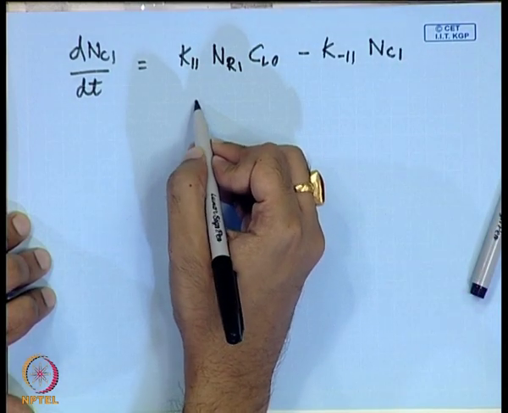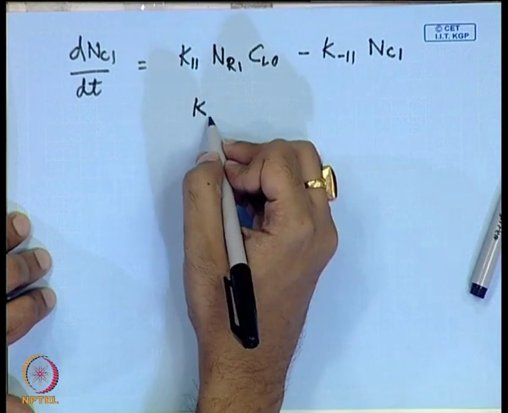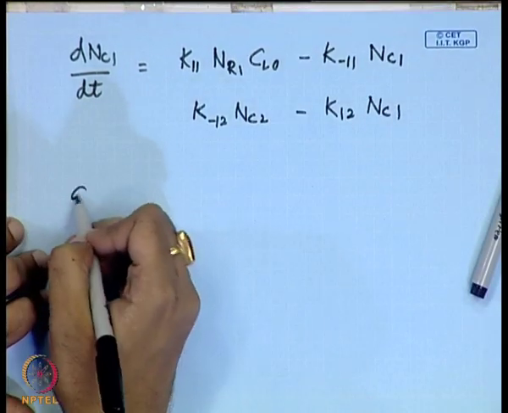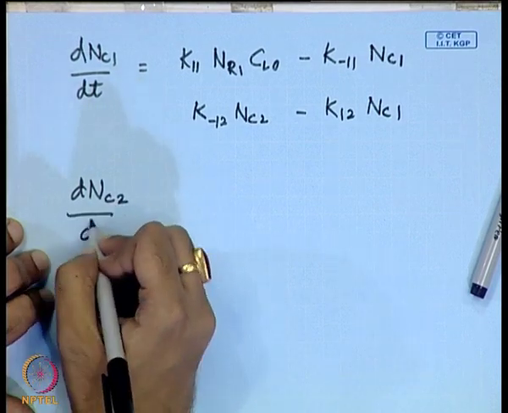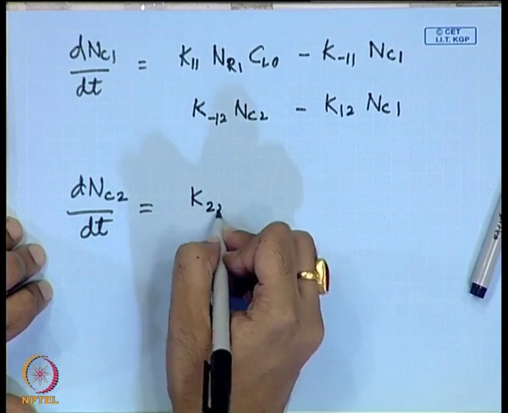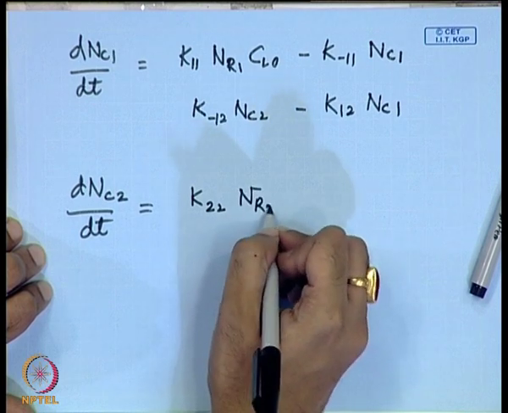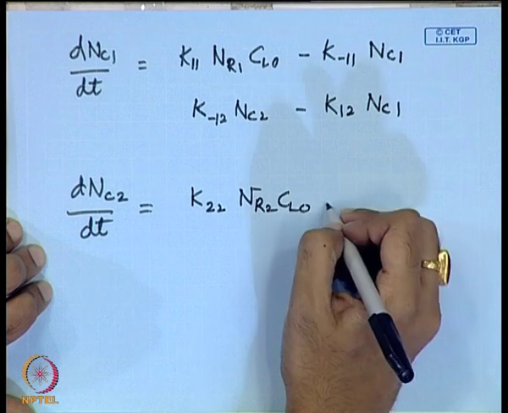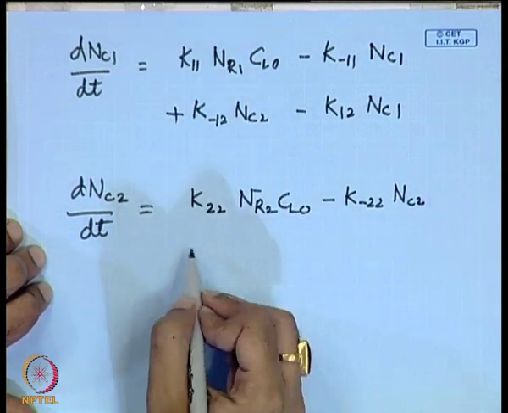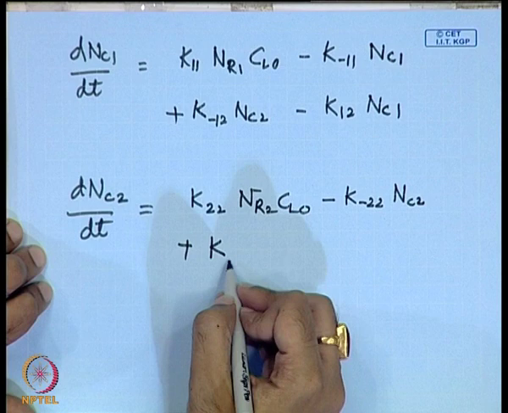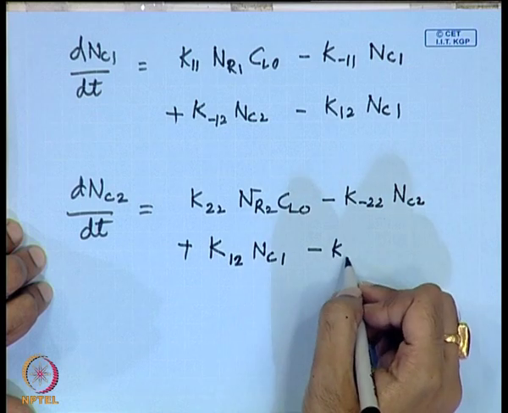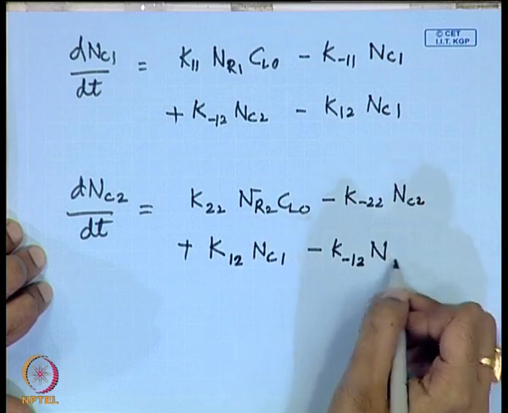And then you have K minus 12 NC2 minus K12 NC1, and similarly we can write the balance for C2, which is K22 NR2 Cl0 minus K minus 22 NC2 plus K12 NC1 minus K minus 12 NC2.